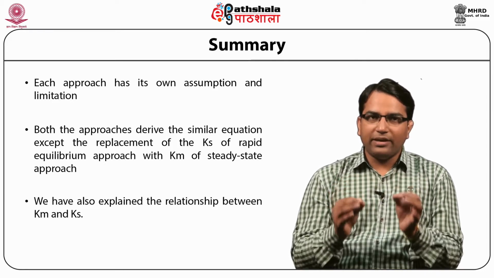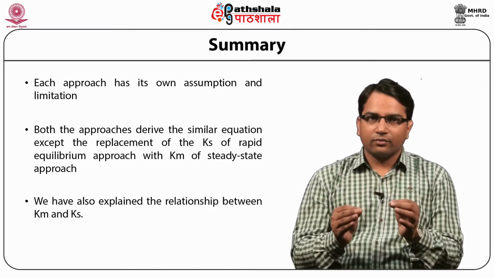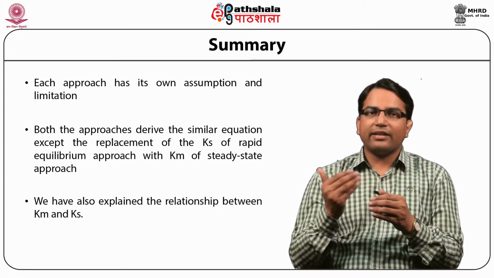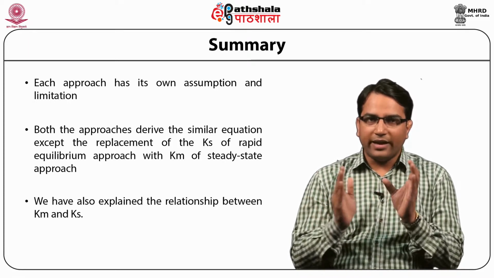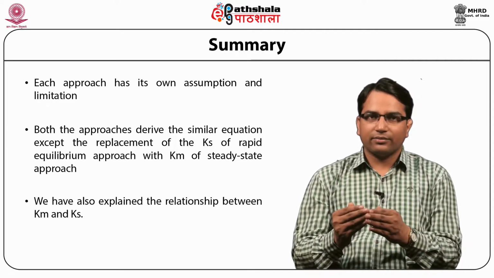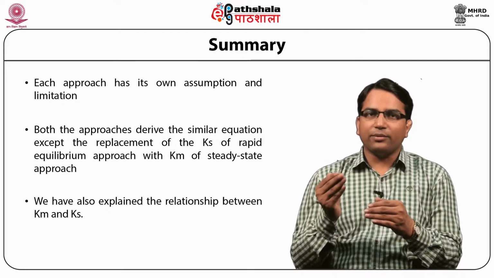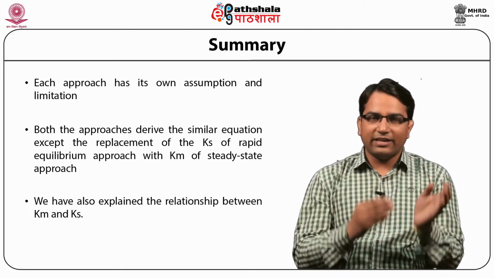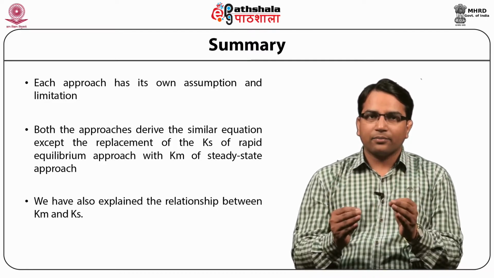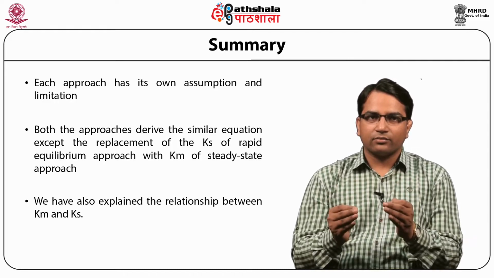In the rapid equilibrium approach, it is assumed that K minus 1 is greater than K plus 2. That means the enzyme combines with the substrate to produce the ES complex, and it goes back into free enzyme and free substrate. So we will have less formation of the product.